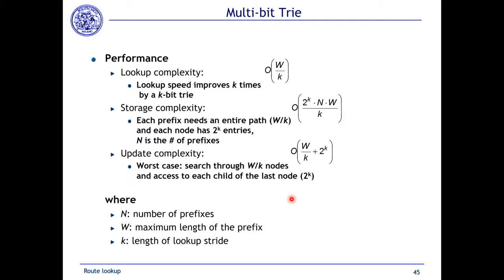But each time you have to change something in a node, which is a complex structure, you have to access inside the memory an array of 2 to the k positions. So this is why there is this plus 2 to the k.